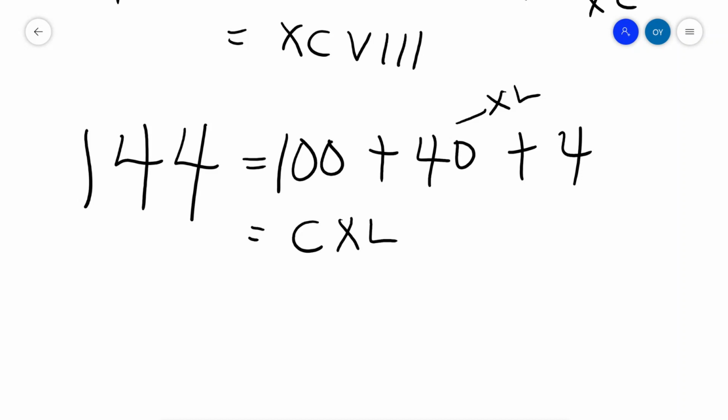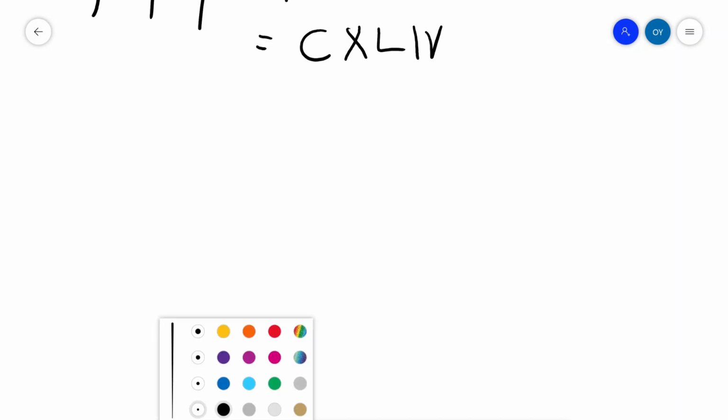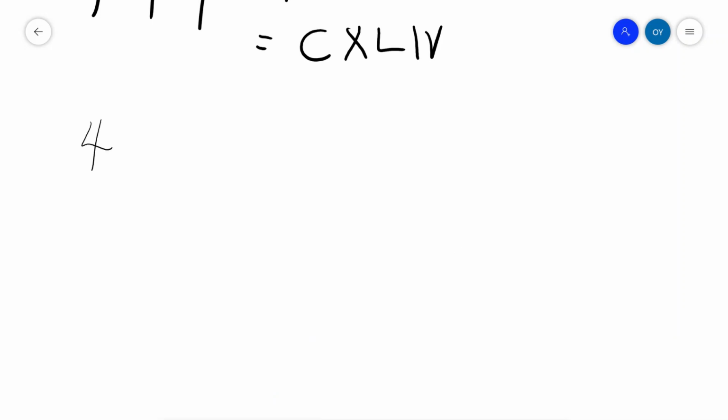And 4 is IV, which is 5 minus 1. So 144 is CXLIV. Take a look at another example. We'll write 447 in Roman numerals.